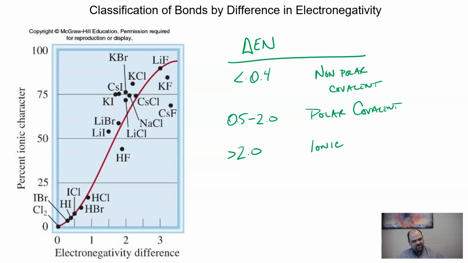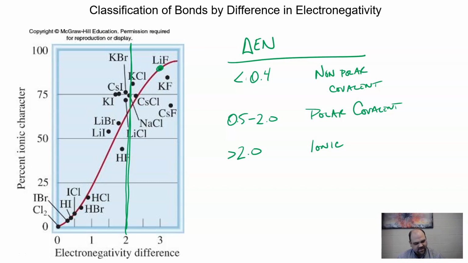And so if we look here, here's our electronegativity difference of 2. Everything to the right of that is for sure ionic. Everything to the left of that has some polar covalent character and some ionic character.